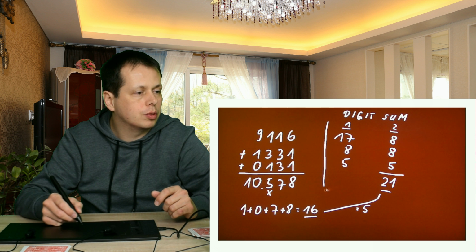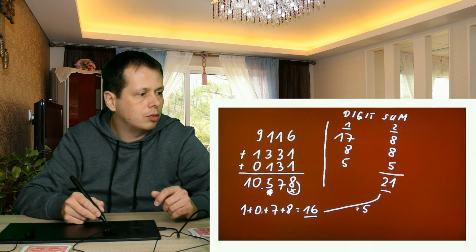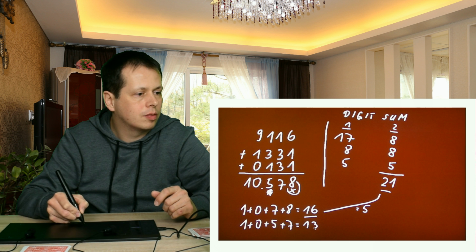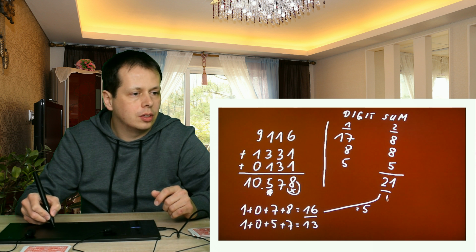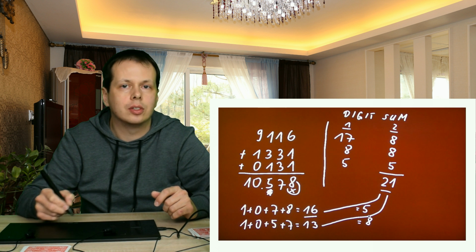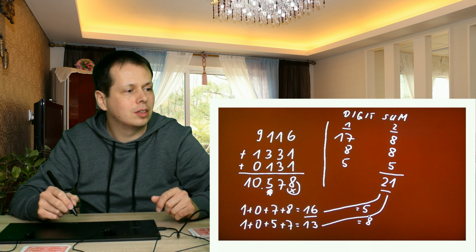And let's prove some of the other digits. Maybe if he or she selects the 8, then we have to sum 1 plus 9 plus 5 plus 7, and this is 13, and 21 minus 13 is 8. And you can tell your friend you selected the 8.